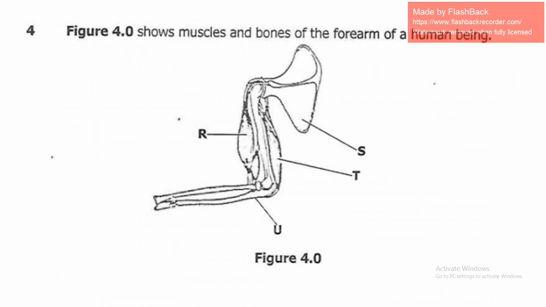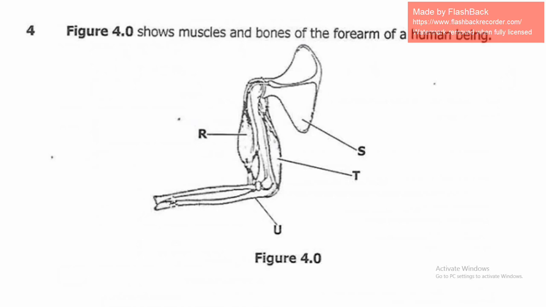But the other category of synovial joint is the ball and socket joint. Now, where can we specifically look at it?